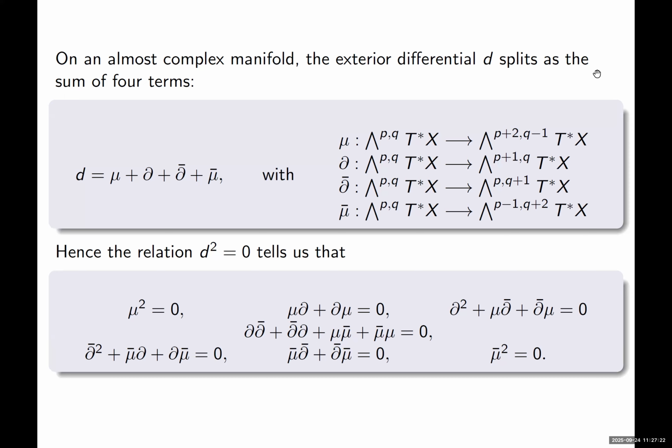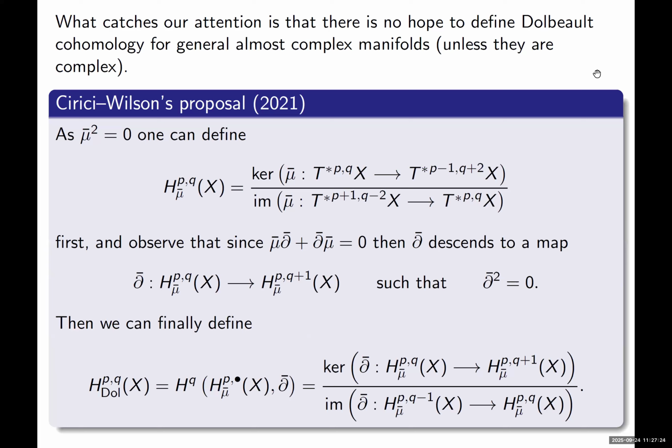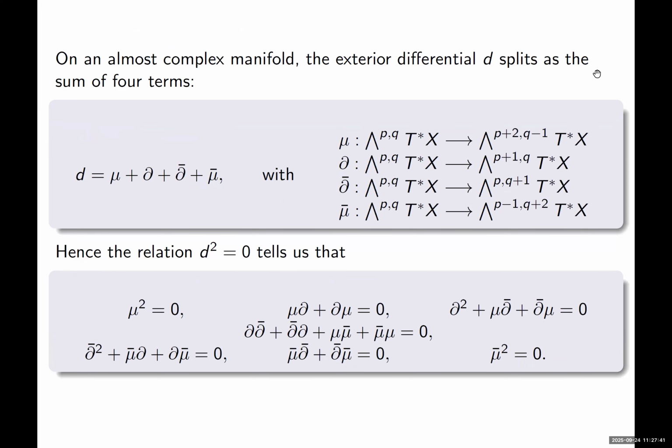It does not define a cohomology. Recently, to deal with this problem, Cirici and Wilson proposed a different approach to generalize Dolbeault cohomology to almost complex manifolds. And we will use all three properties of the last line in this slide.